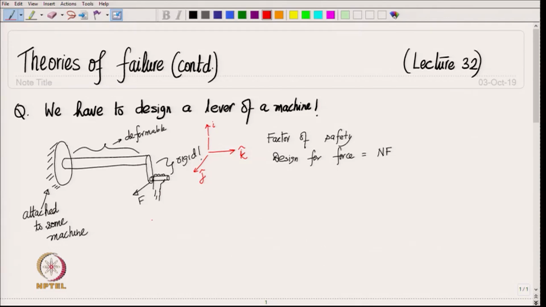So, the force that we are applying here, this force vector F is then F j, correct. So, for designing the shaft of this handle, we have to think of what are the forces and moments that act in the cross section of this shaft. So, let us cut a section here, okay, and look at the remaining part.